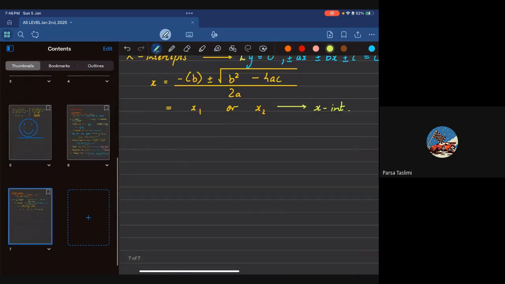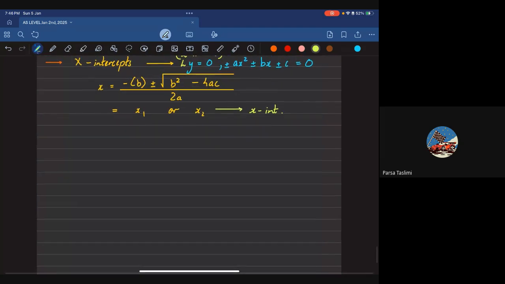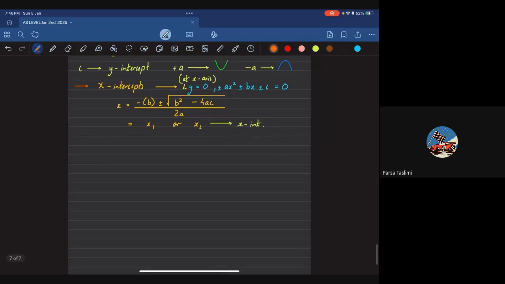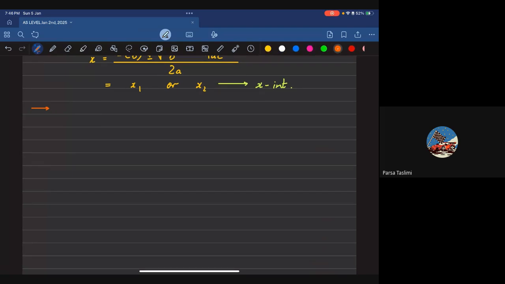Now, I'm not going to go into detail regarding turning points and gradients because we're going to do them all over again in differentiation as well.